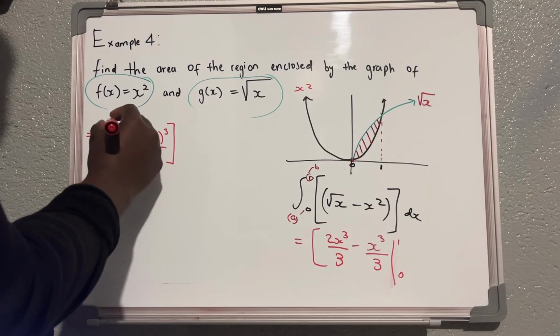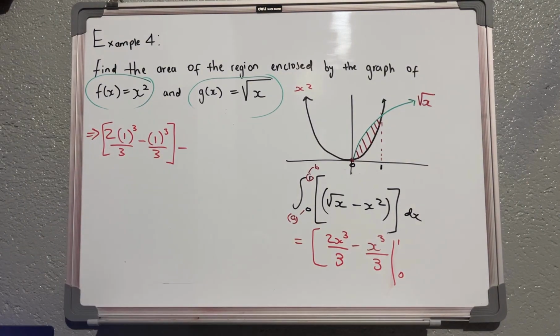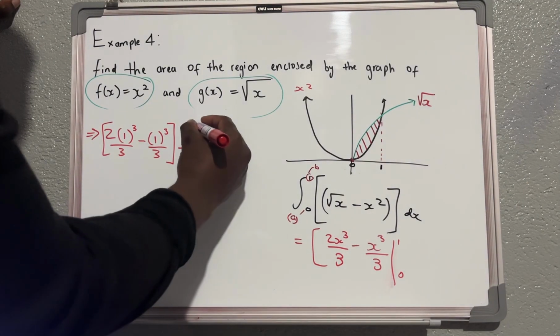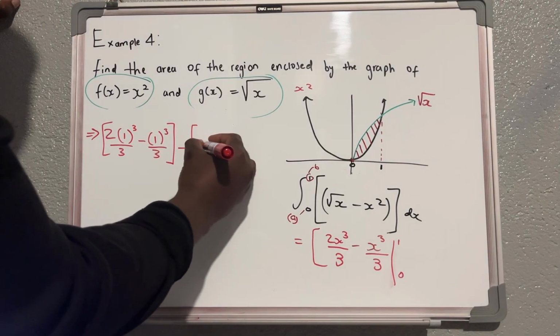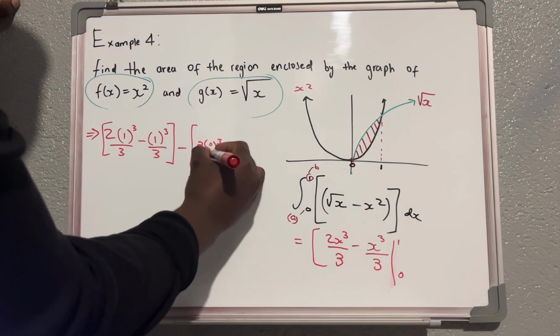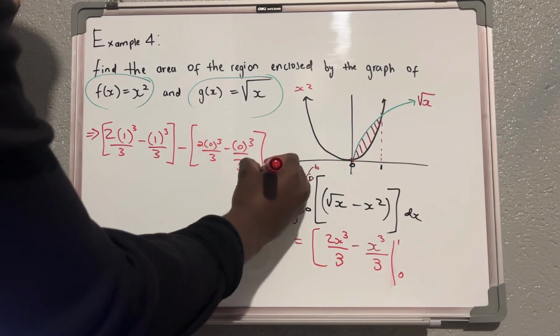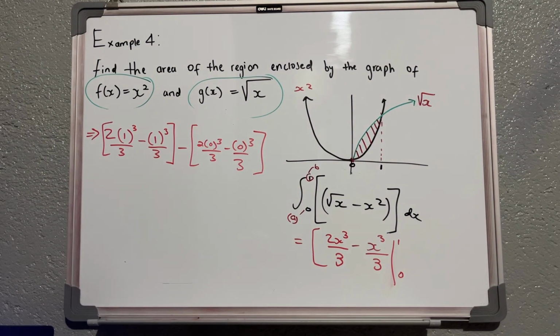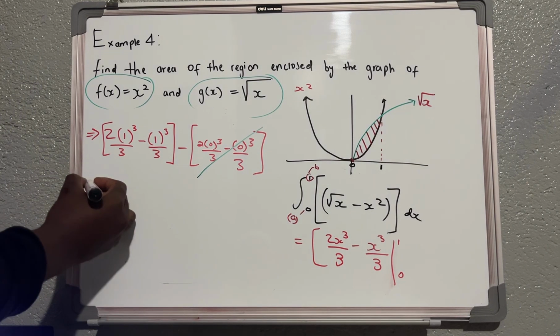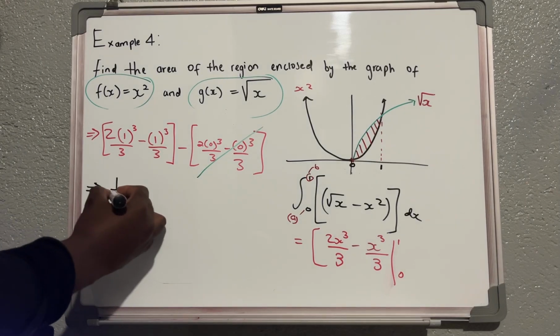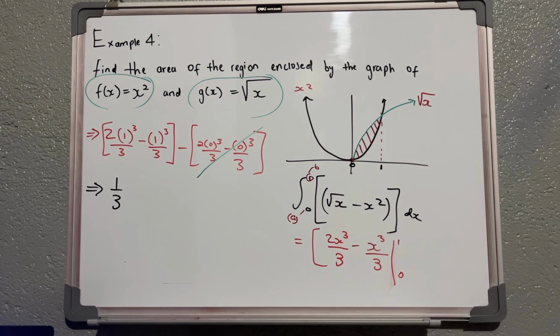So this is 1, then we deduct the value for 0: 2 into 0 cube over 3 minus 0 cube over 3. It's not really necessary to show this part. You can just leave it out and be left with this 1. If you solve this, it will give you 1 over 3.